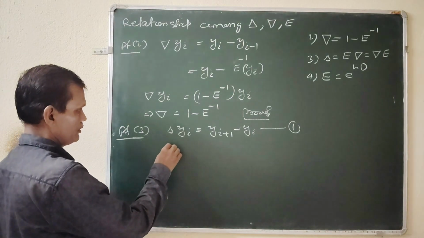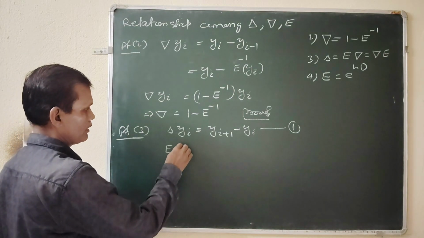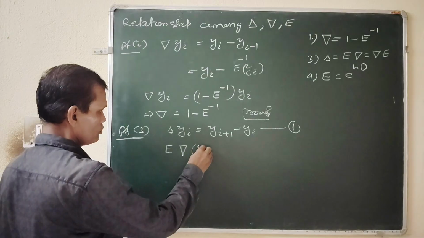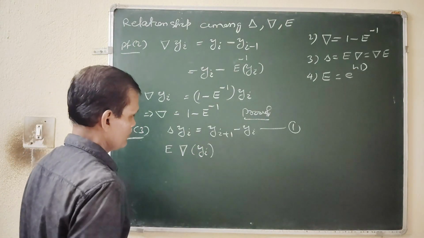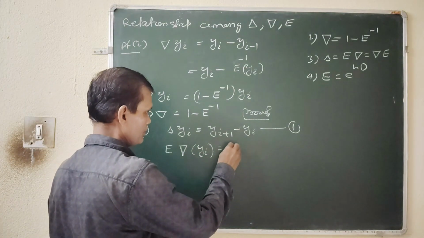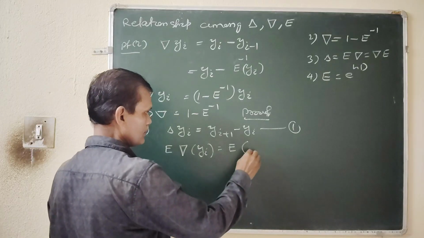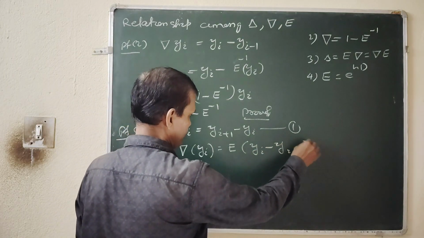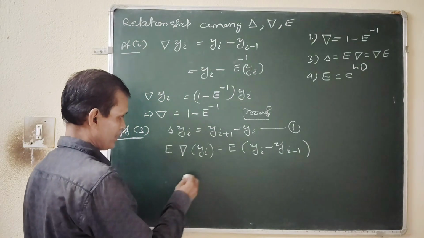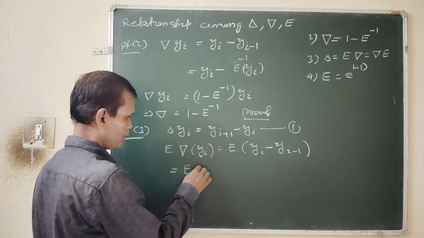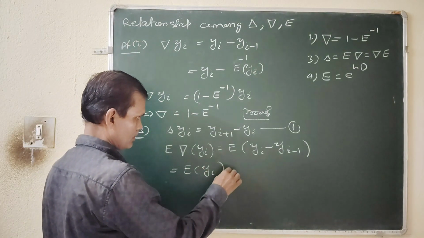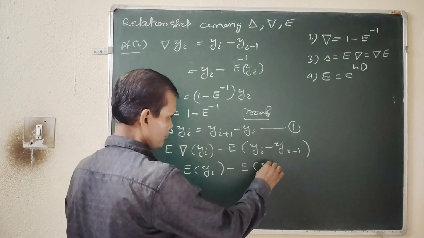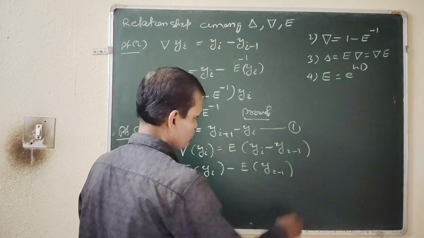Then E times backward delta, you apply it on yi. What is backward delta yi? That gives yi minus yi minus 1. That gives E of yi minus E of yi minus 1.